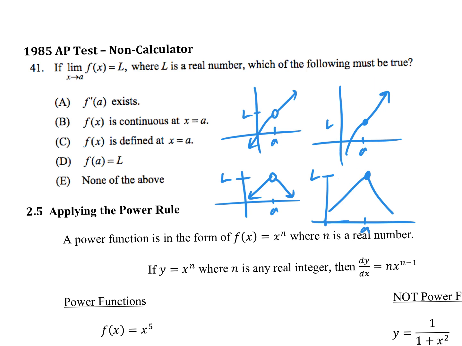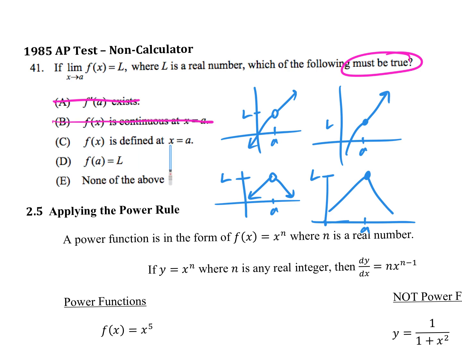Which of the following must be true? Does my slope have to exist? This one doesn't have a slope there. This one doesn't have a slope there because of the corners, right? My slope does not have to exist. Does it have to be continuous? No, the limit describes what happens as I approach it, so it doesn't have to be continuous. Does it have to be defined?